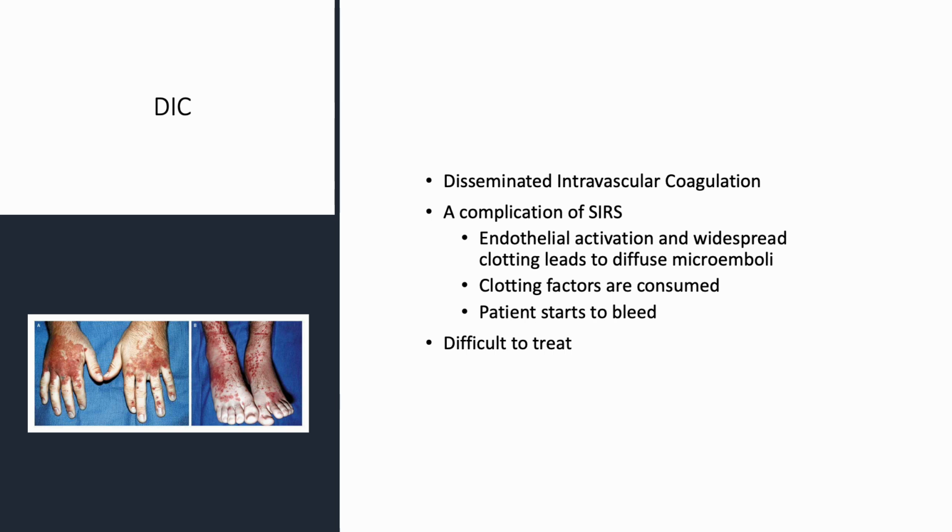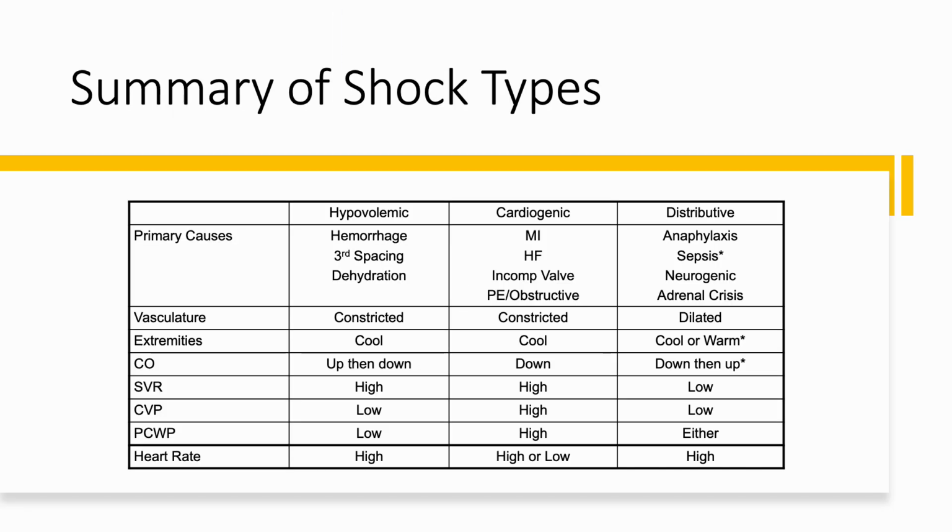DIC is difficult to treat and manage because the patient requires both blood products to replenish clotting factors and interventions to control the excessive clotting. This condition worsens organ dysfunction, increasing mortality risk in shock and sepsis patients.